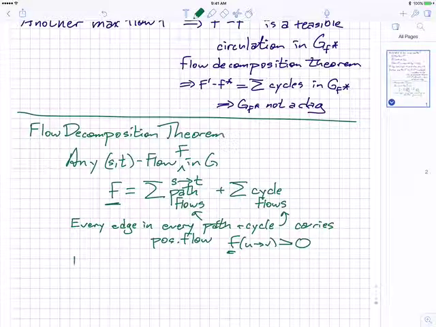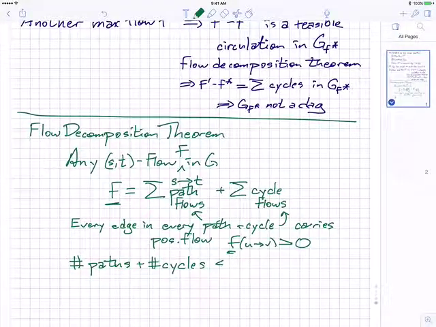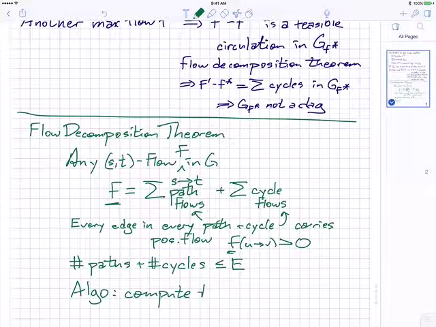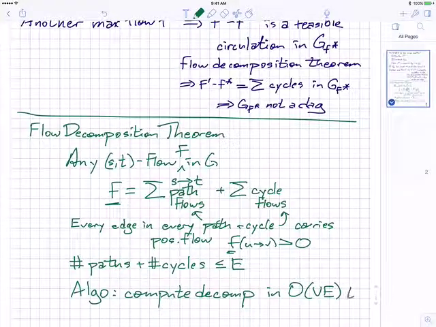And moreover, the number of paths plus the number of cycles is going to be at most the number of edges in the graph. And moreover, there is an algorithm that actually computes this decomposition in time proportional to V times E.